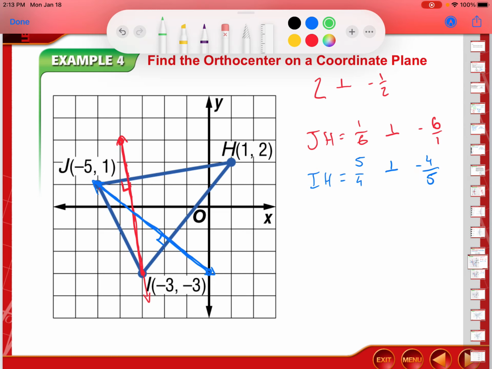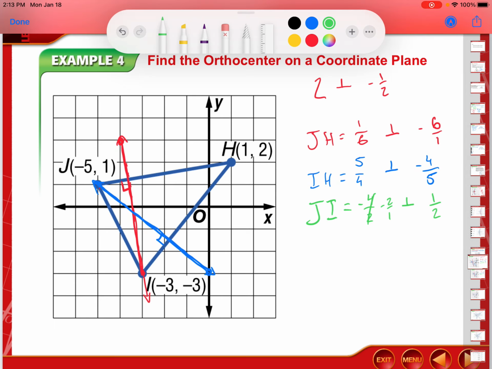Now our final slope that we need to do is JI. So JI, our slope is negative 2, or negative 4 over 2, which we would reduce to negative 2 over 1. And then perpendicular to that would be 1/2, because we flip it and we change the sign.